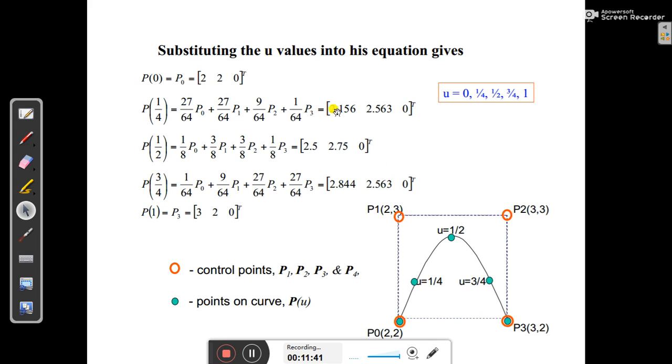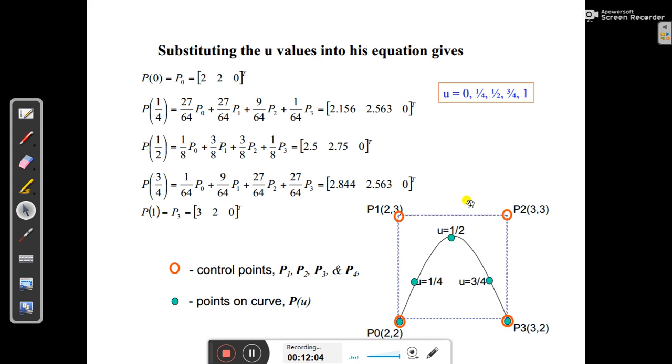And this is 2.156 almost, and 2.563, almost 2 and 3. This is 3, 3, and P at 3 by 4 is this one, but this has not been shown here.